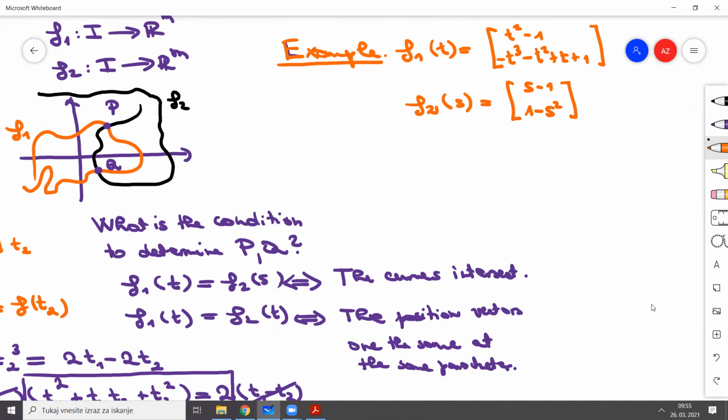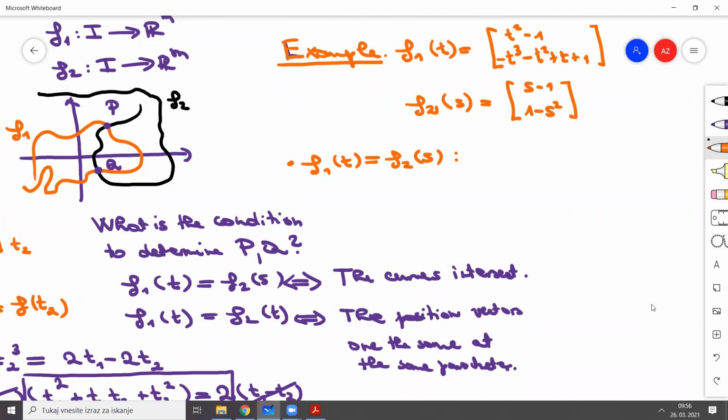So we are interested in the intersections of those two curves. So f1 of t is equal to f2 of s. And you can do this for the homework.